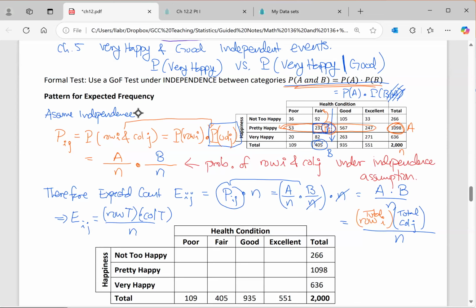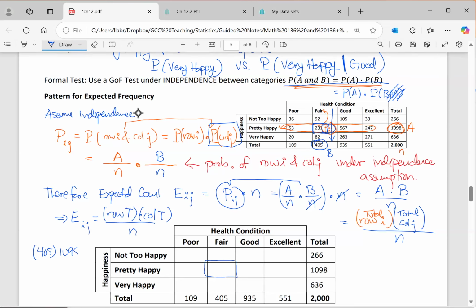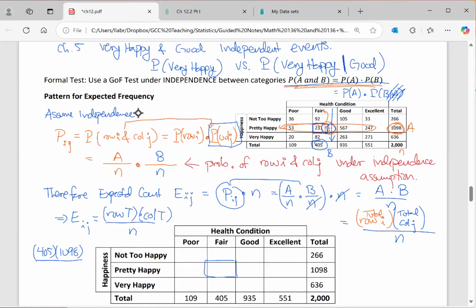So just as an example, let's actually find the expected count for the entry right here. That's fair and very happy. So that is 405 times 1098 divided by 2,000.